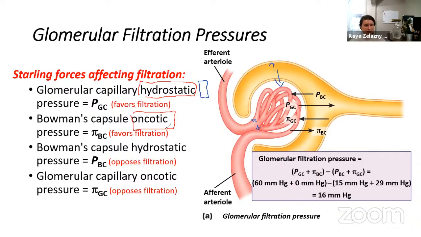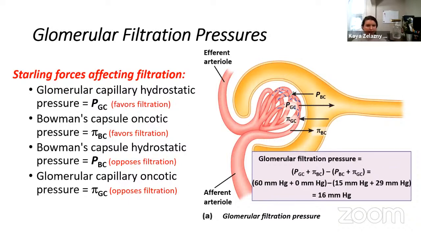Oncotic forces are a pull exerted by proteins. So we think about all these proteins that we're still leaving in our capillaries, because proteins are not getting filtered in the glomerulus. They're staying in those capillaries. Those fenestrated capillary walls let almost everything through, but not proteins.